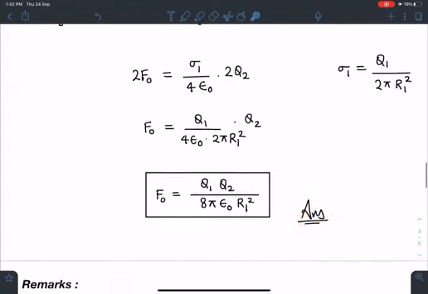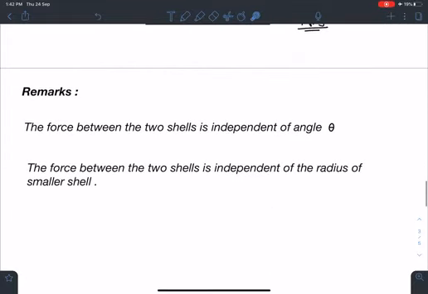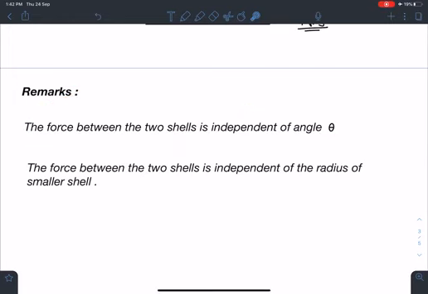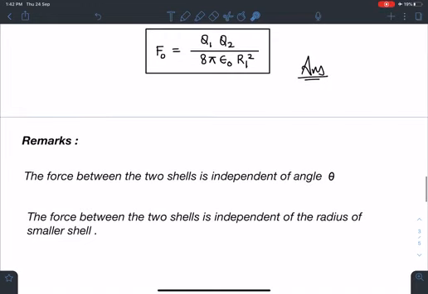And if you see in the remarks, it's a very interesting result. Here the force between the two shells is independent of theta. Without using integration, we are able to comment on the force, and whatever force we are getting, it doesn't matter how much portion of the hemisphere is inside the bigger one. It is independent of angle theta.